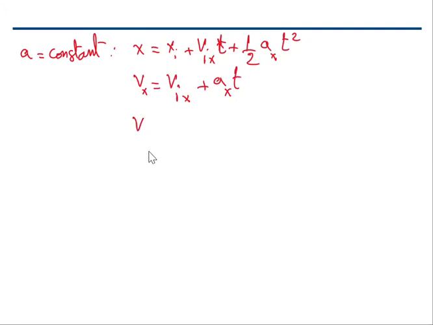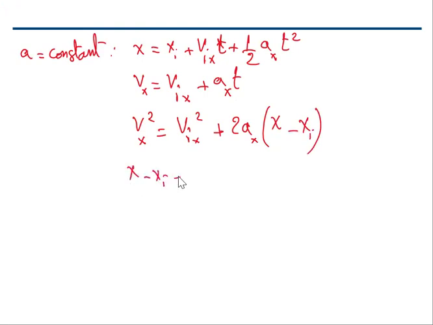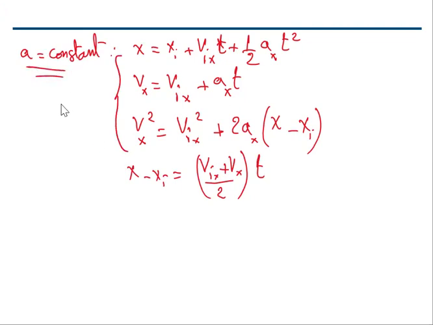The third equation is without time, so v x squared equals v initial x squared plus 2 a x delta x, that means x final minus x initial. The last equation, delta x, x final minus x initial, equals v initial plus v final over 2, let's say along x, multiplied by t. This is the average velocity. Okay, so these are the kinematic equations when we have a constant acceleration.